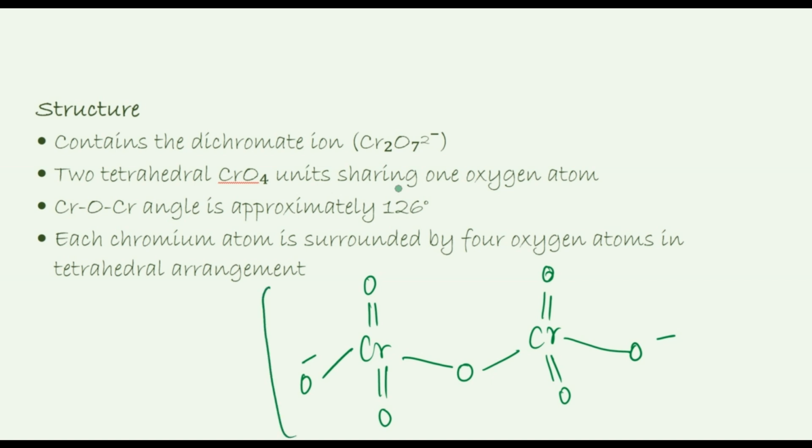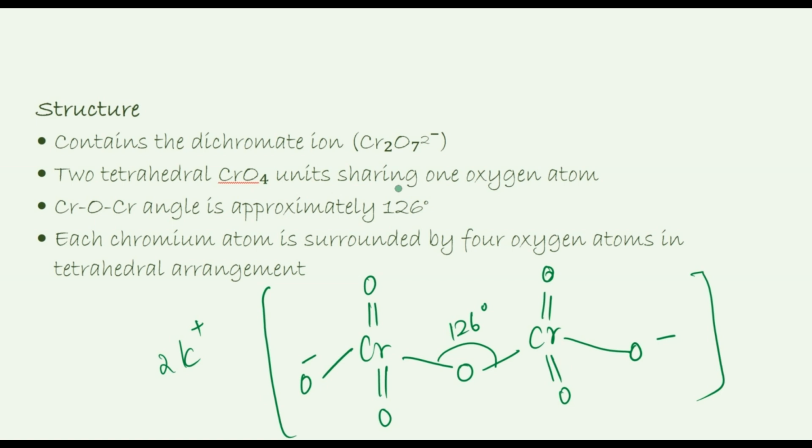So this is the structure of Cr2O7 2-, and 2K+ will be there outside. The Cr-O-Cr angle is approximately 126 degrees. Each chromium atom is surrounded by 4 oxygen atoms in a tetrahedral arrangement.